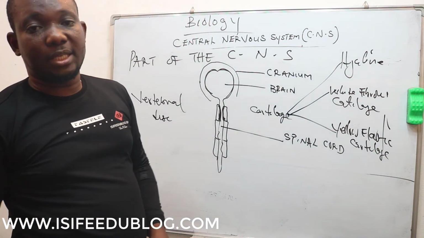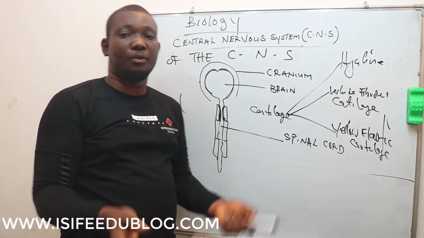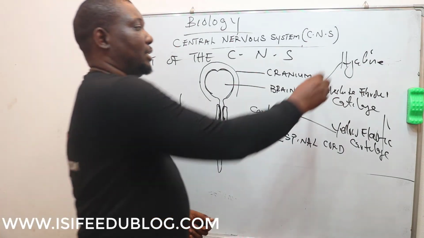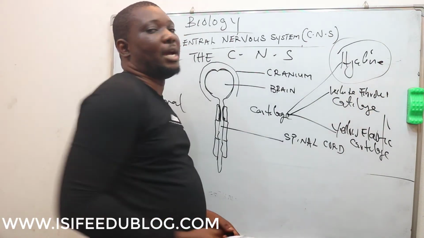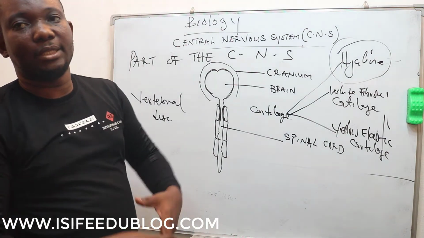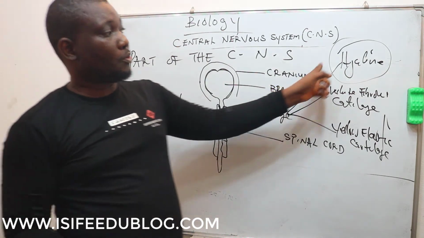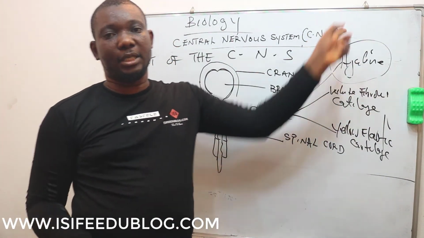All these types of cartilage are found in different parts of the skeleton. You can only see hyaline cartilage anywhere there is bone ends, or anywhere there is fusion or articulation of two bones.